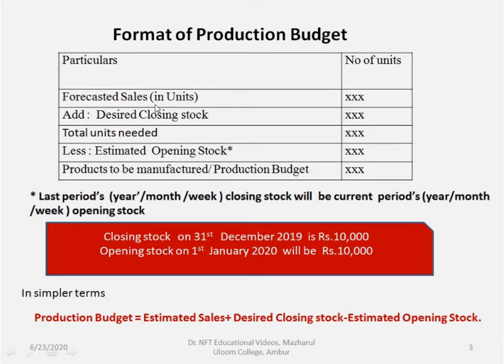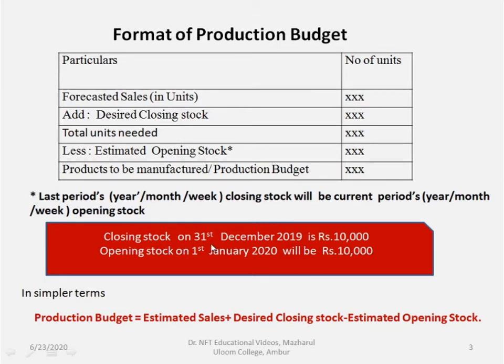To say it in simple terms, production budget is estimated sales plus desired closing stock minus estimated opening stock. So along with sales, you have to add closing stock less opening stock, which will give you the production budget. Here I just want to mention once again about the closing stock.